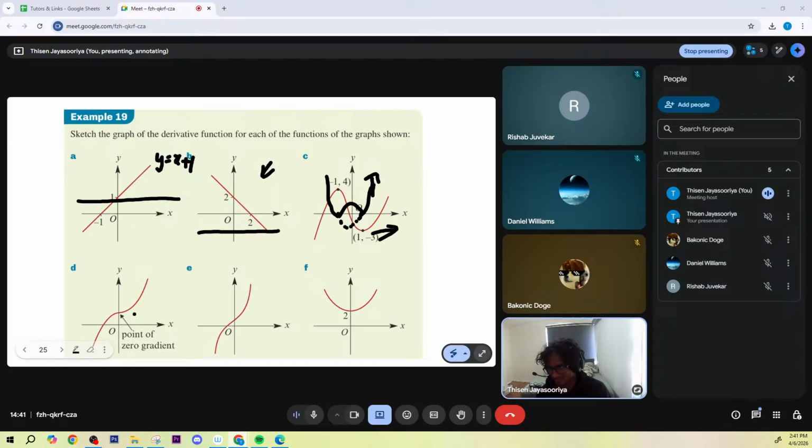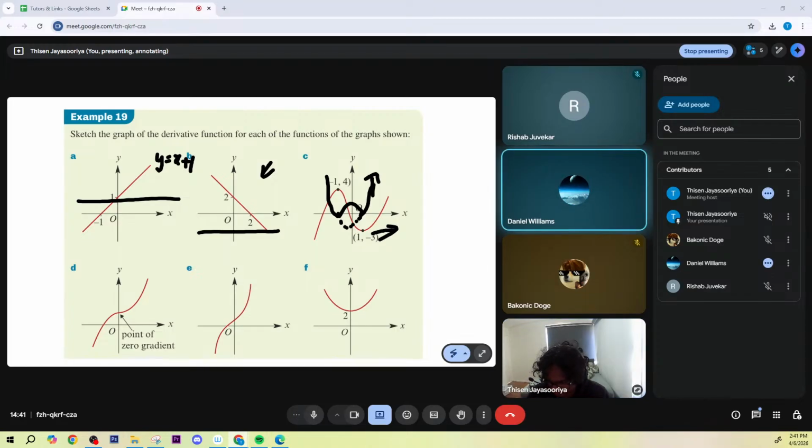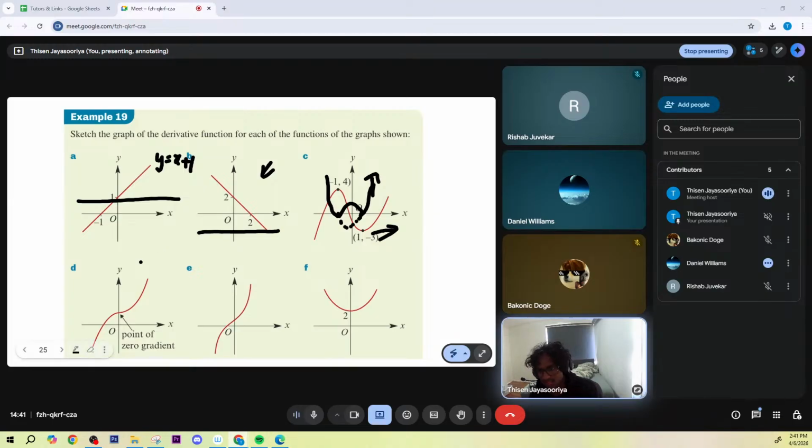What about this one? What would the gradient of this one look like? I'll ask Daniel this. What would the gradients look like, of the derivative function of this graph? Well, it's positive, yeah? So here, will it intercept the x-axis at all?